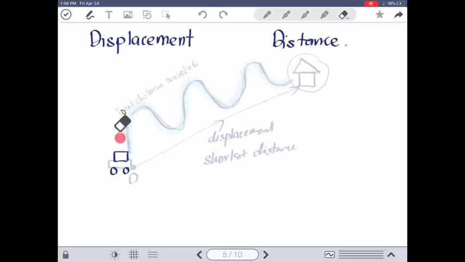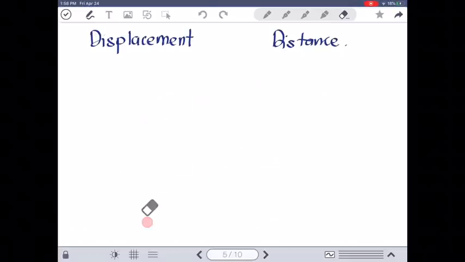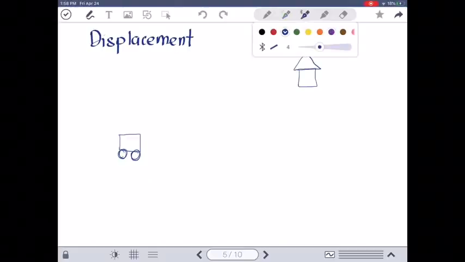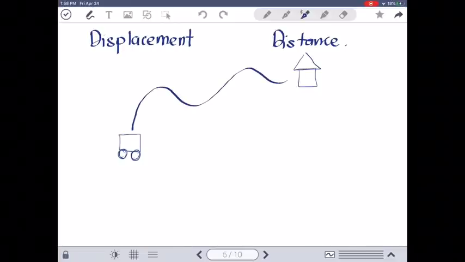What is the difference between displacement and distance? Say you have a car, okay, and you want to travel back home. So you use a road and you reach home.